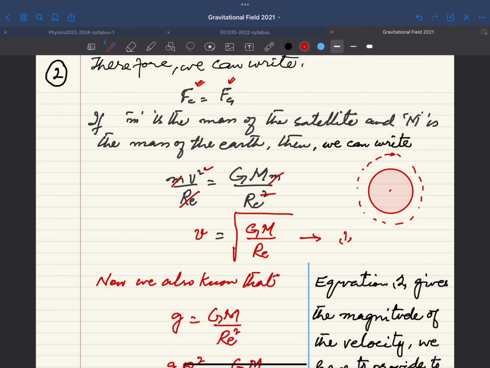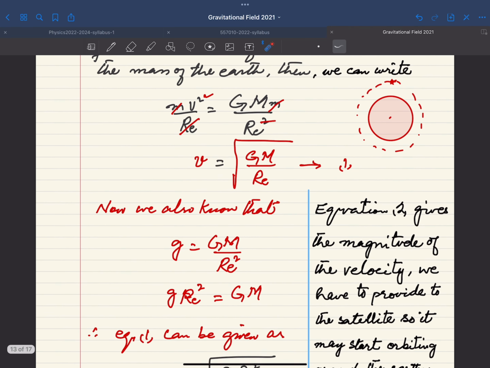Fc is given as mv squared over r, and the gravitational force is GMm over RE squared. When you simplify this equation, you get v equal to the square root of GM divided by RE.